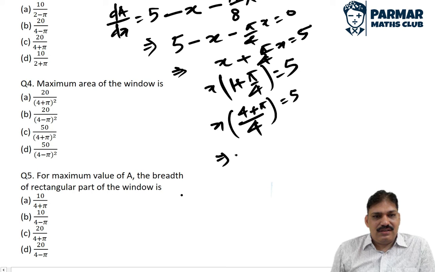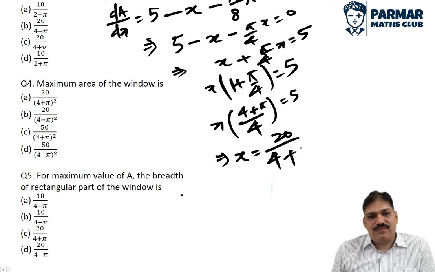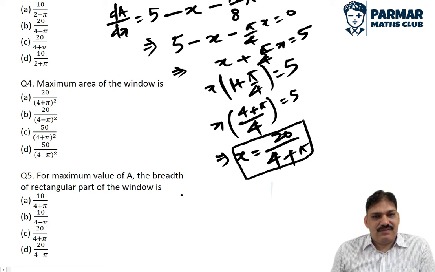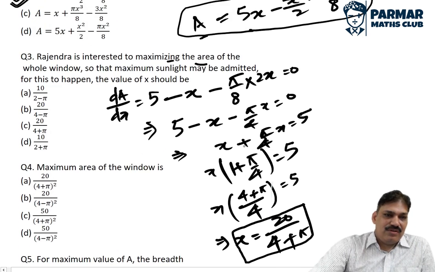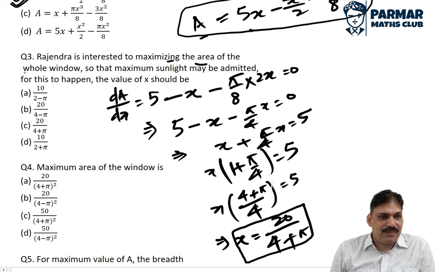So the value of x is 5 fours are 20 upon 4 plus pi, for which the first derivative dA by dx is 0, that is for maximum. So this is our answer, 20 upon 4 plus pi.